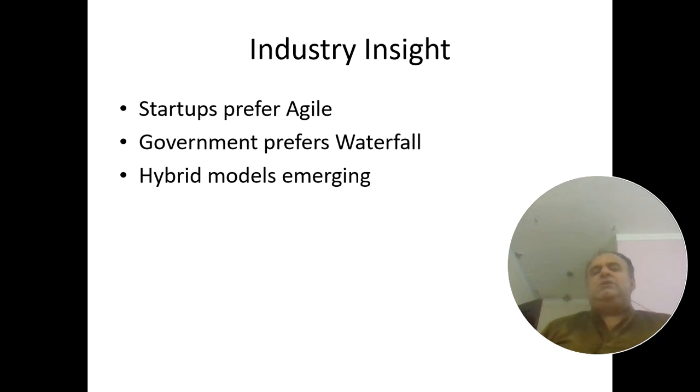Waterfall is less costly, less complex, easier to understand, but there is a certain degree of compromise in the quality. But nowadays, since we are moving in a very fast-paced world, we are moving towards hybrid models, which incorporate the best features of both.